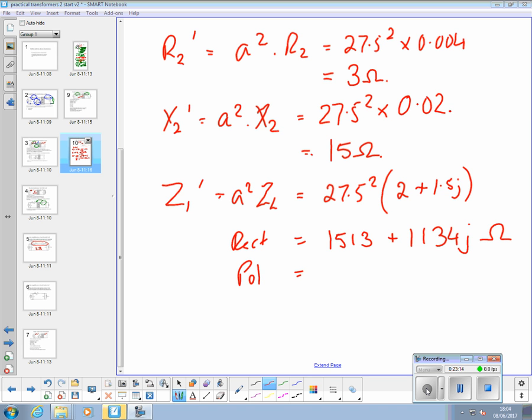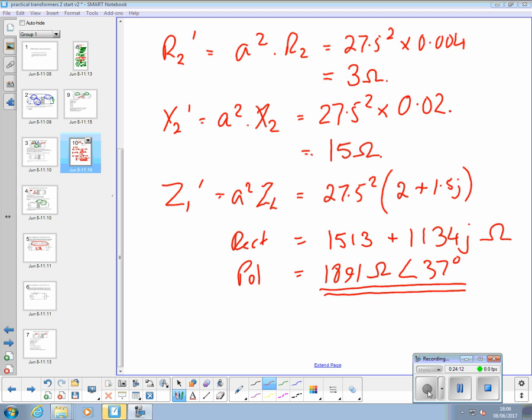Polar, we might want it in polar form later, so we might as well do it now. 1891 ohms, angle 37 degrees.